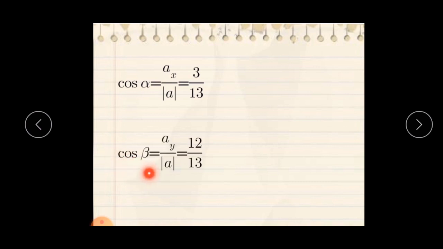And the value of cosine beta is equal to A sub y over the magnitude of A, and A sub y is 12 over 13. So cosine beta is 12 over 13. And the value of cosine gamma is A sub z over the magnitude of A. The value of A sub z is 4 over 13. So the value of cosine gamma is 4 over 13. So this is the answer of our example number 1.